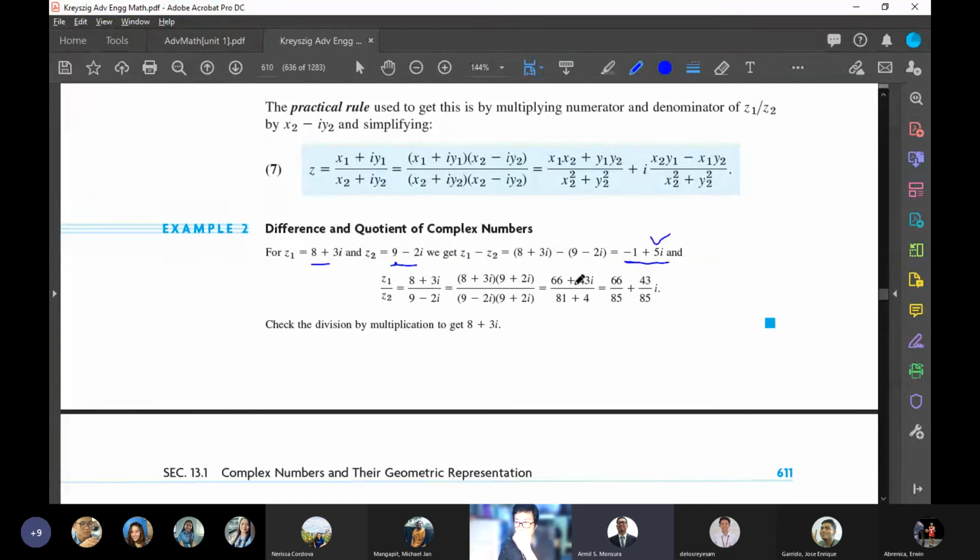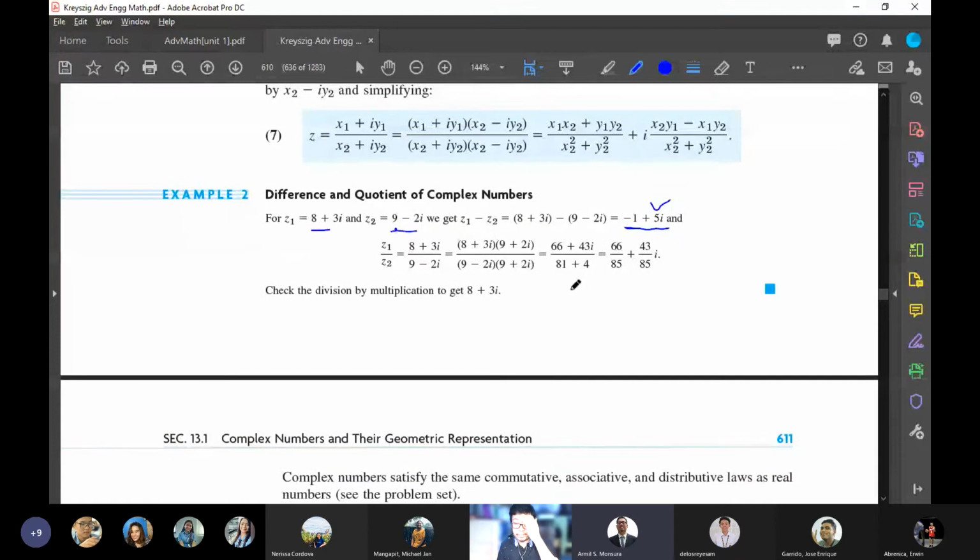Now, in terms of division, when you divide 8 plus 3i over 9 minus 2i, the real part of the numerator is 72 minus 6, so that's 66.